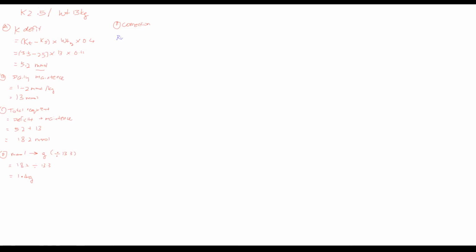So rule number one is that the maximum concentration in a given correction of a solution in the peripheral IV line should be 0.05 millimoles per mL.